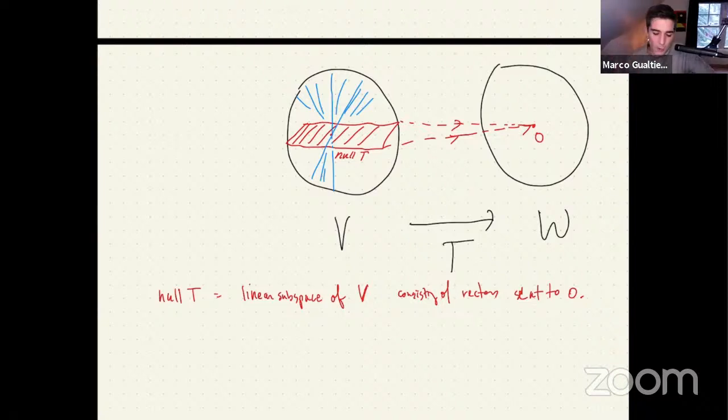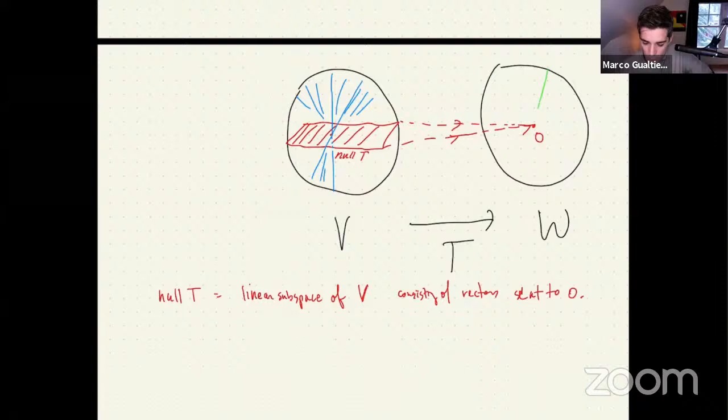Whenever you have a linear map, there are two important subspaces you can define from it, and one of them I just did: the null space. The other important subspace is all possible results. If I apply T to every possible vector, what am I going to get in W? Is it going to fill up all of W? Not necessarily. It could be that this map T is just the zero map, so the image or range of this map might just be zero, or it might be some other smaller subspace.